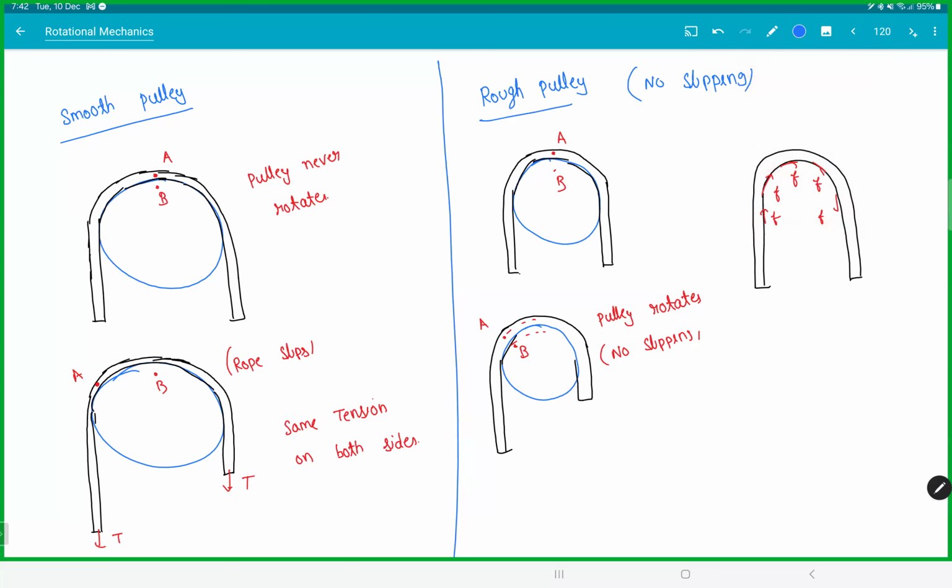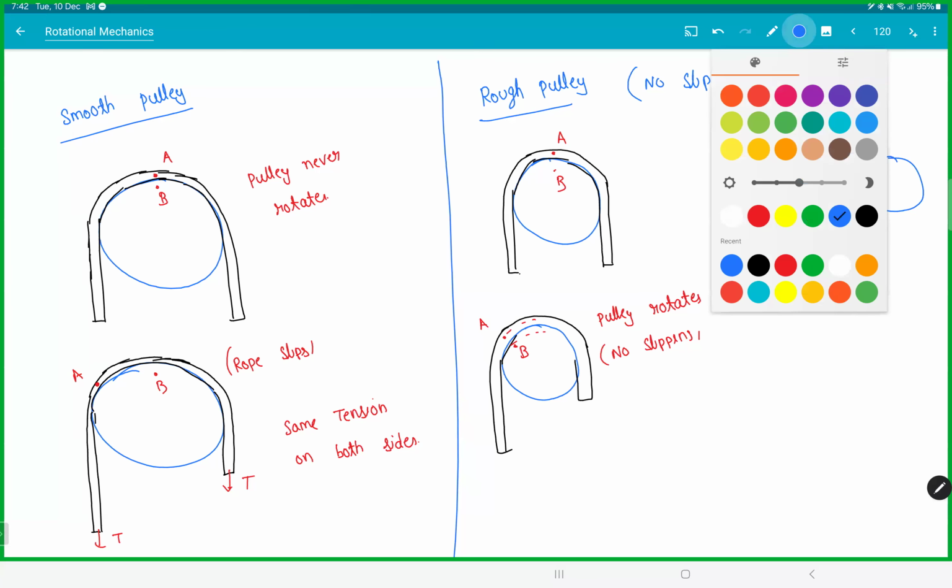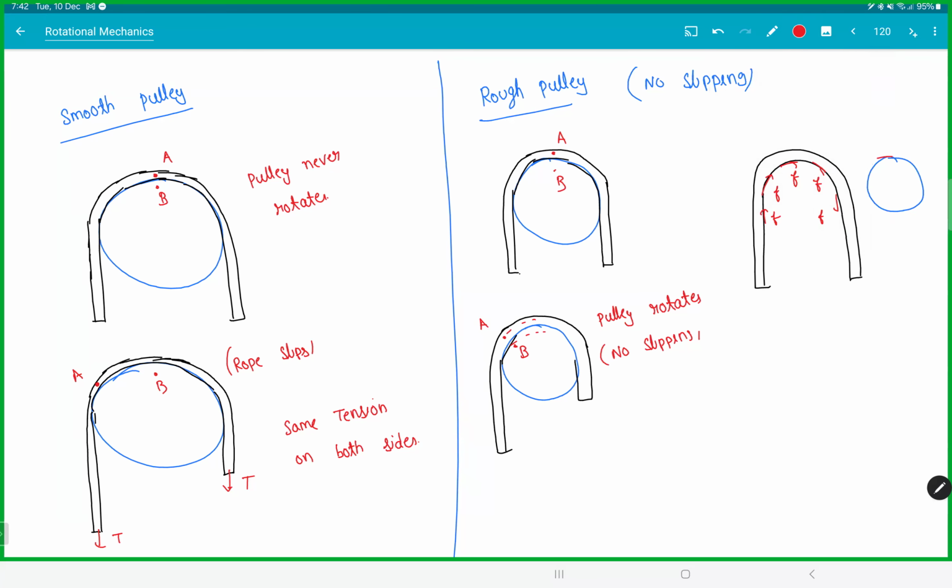Similarly, if you look at the pulley also, there is a friction on the pulley. That's why it is rotating, because it is rough. So the main theme here is the tension will be different.